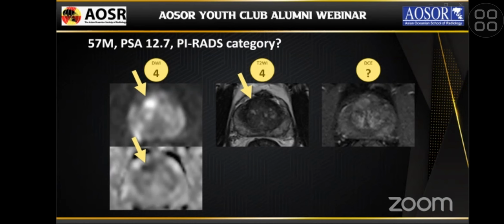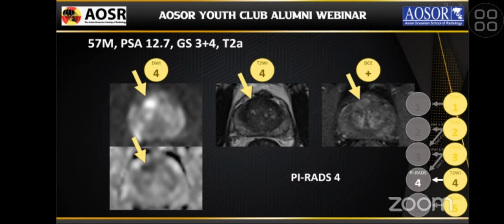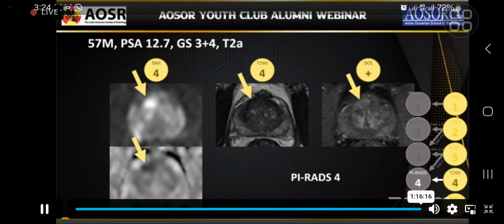Although it's a little difficult to recognize, T2WI shows a focal hypointense lesion in the same area, and the T2 score for this lesion is 4. The lesion shows early contrast enhancement. Based on the T2WI finding, the overall PI-RADS category is 4.